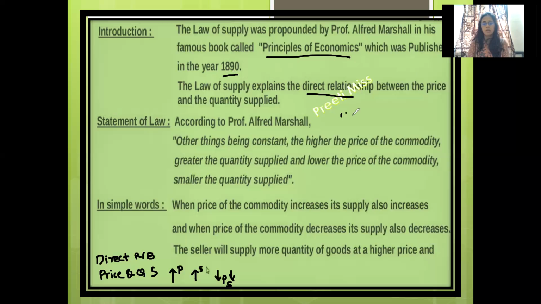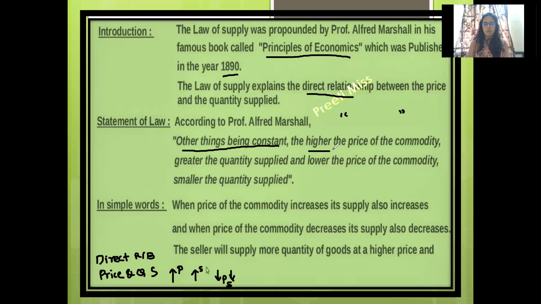The statement you have to write in double inverted commas, as it is. Other things means assumptions. We are not going to write them now, I'm just explaining why this statement starts with other things. Other things means while proving some law, we assume a few things remain constant.